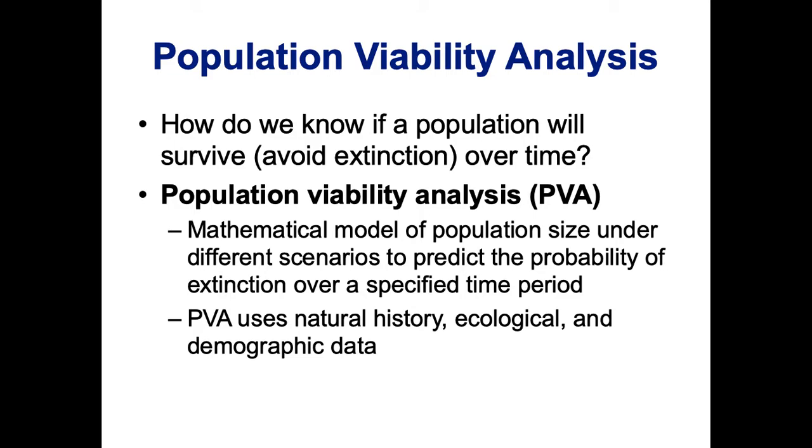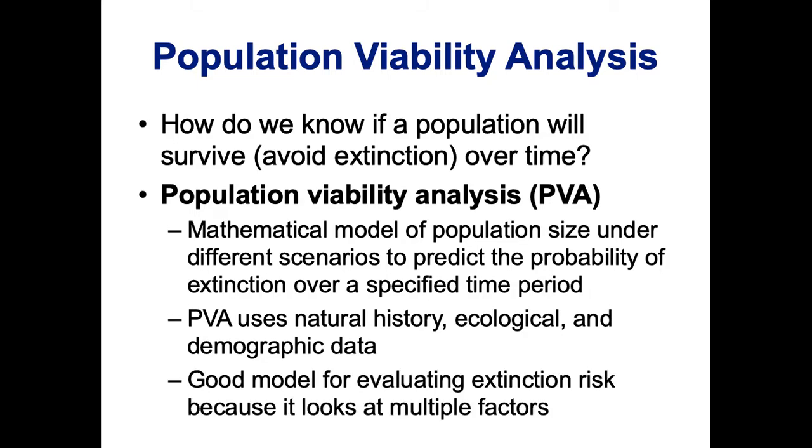Population viability analysis uses natural history, ecological, and demographic data. So all that field work, all that stuff we just talked about applied population biology and censuses and surveys and demographic studies, we need most of that information to put into a PVA, or a population viability analysis.